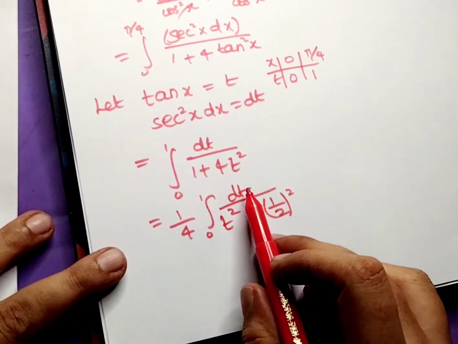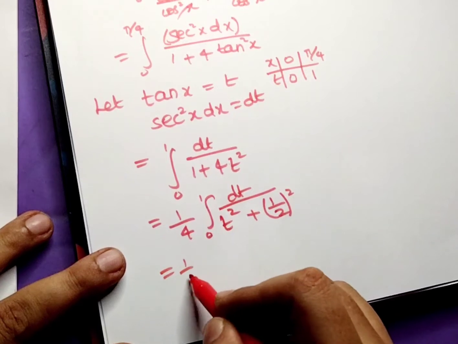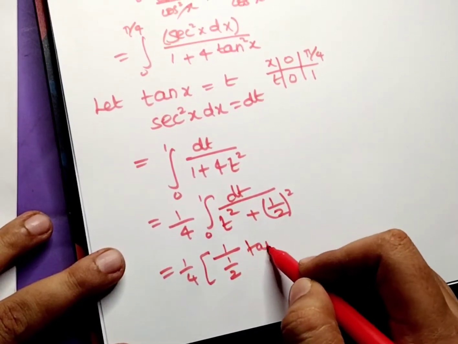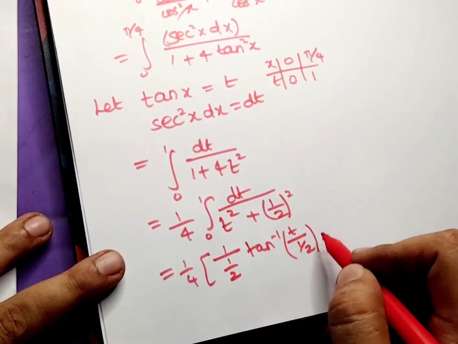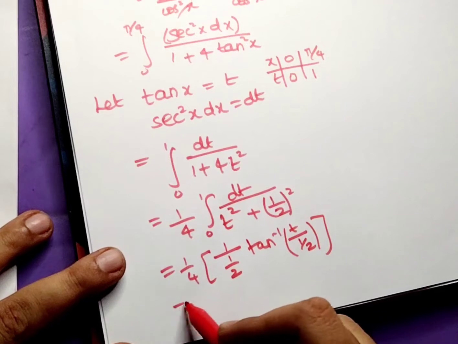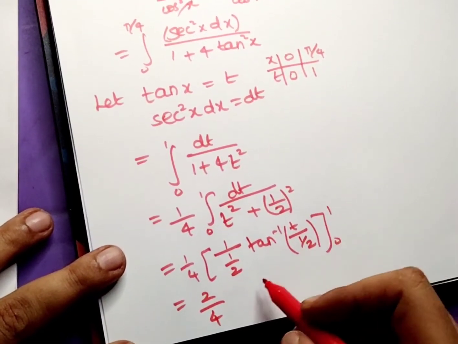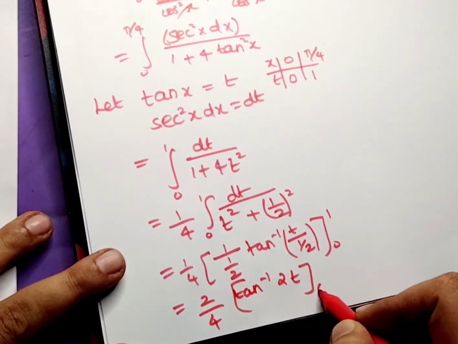This is of the form integral dx by x square plus a square, that is the formula 1 by a tan inverse x by a. So here we have a as 1 by 2, x as t. Taking the reciprocals, it is 2 by 4 and we have the limits 0 to 1. Tan inverse 2t and limits 0 to 1.